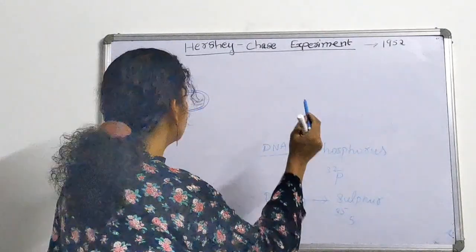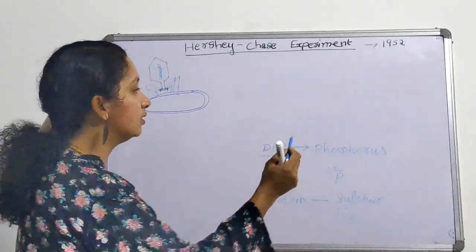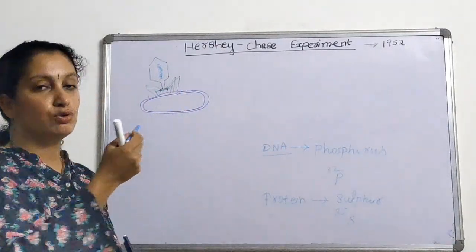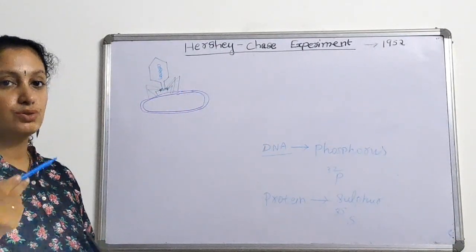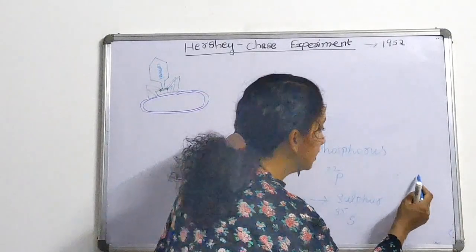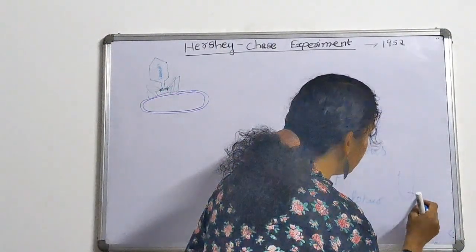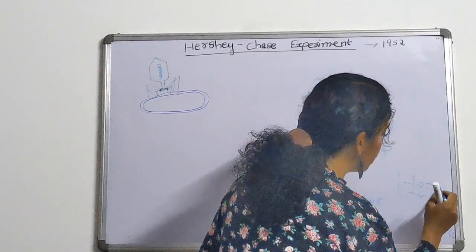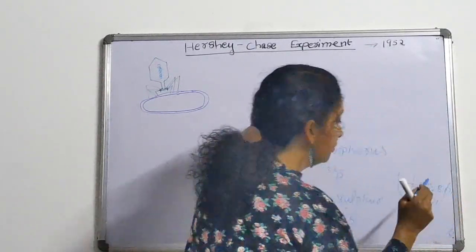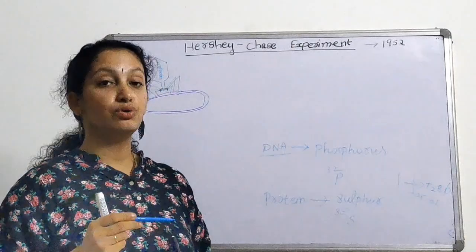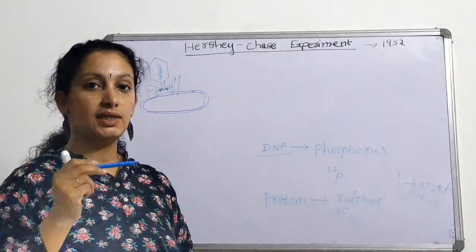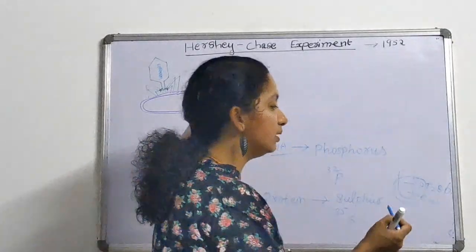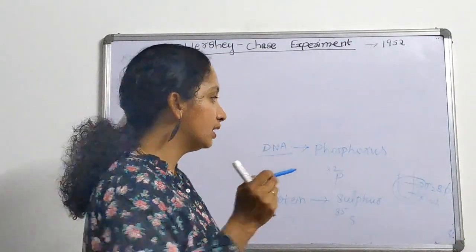Here they allowed the T2 virus to infect E. coli. That means they took E. coli and T2 bacteriophage, and both were allowed to grow together in the medium so that the virus was able to infect the E. coli.